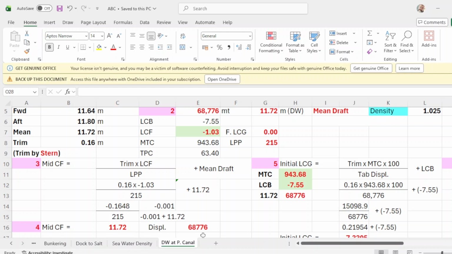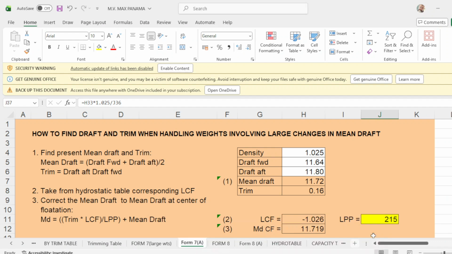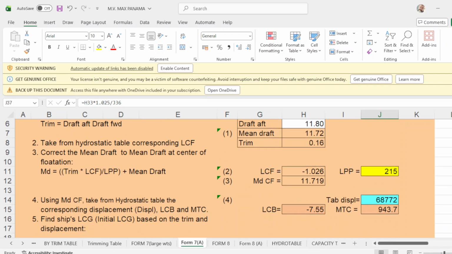That is number 3. Number 4, using the mid center of rotation, take from the hydrostatic table the corresponding displacement, LCB, and MTC.